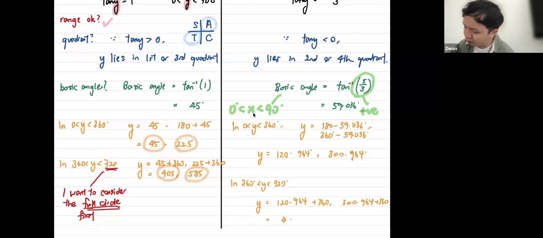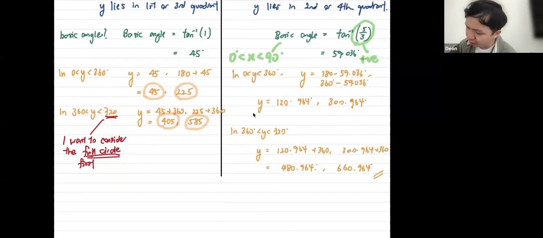So it's 480 and 660. So in total, I got 8 answers. And the 8 answers, you try to write them in order.